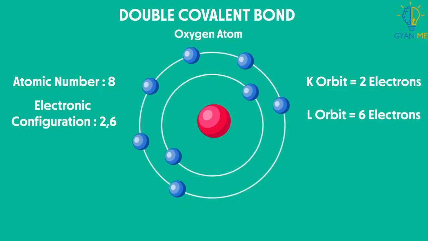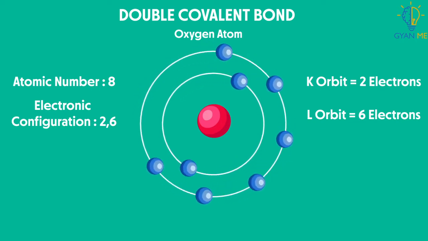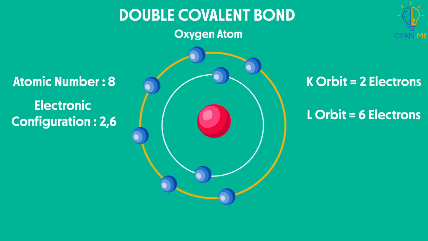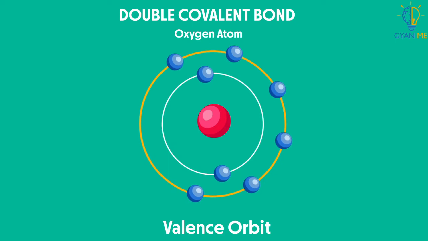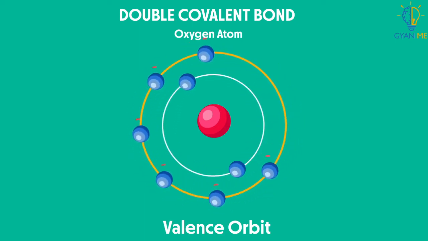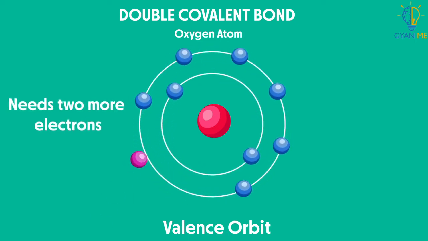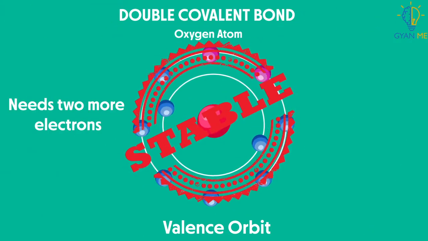That is, oxygen's electronic configuration is 2,6. If you observe, this L orbit is the outermost orbit, which becomes the valence orbit for oxygen, and these 6 electrons are valence electrons.